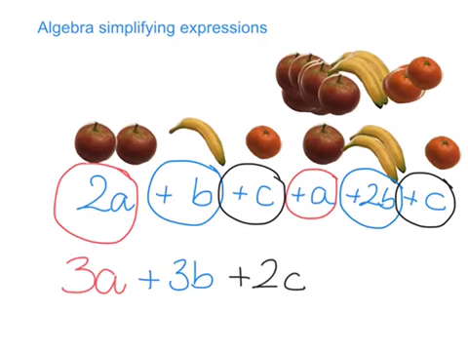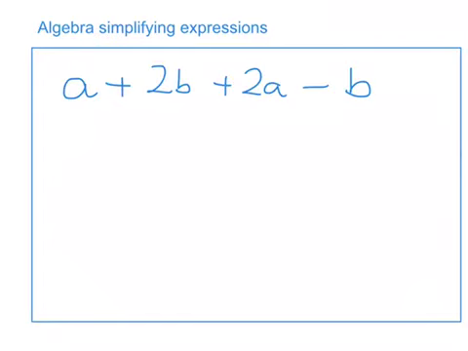And here's another example. I've got the expression A plus 2B plus 2A minus B. So I'm going to collect like terms. I'm going to look for the things that are the same. So I'm looking at my A. So I've got an A here, and I've got a plus 2A here, keeping the sign with the term. There's no sign in front of that A. That just means it's a positive A plus A and the plus 2A.